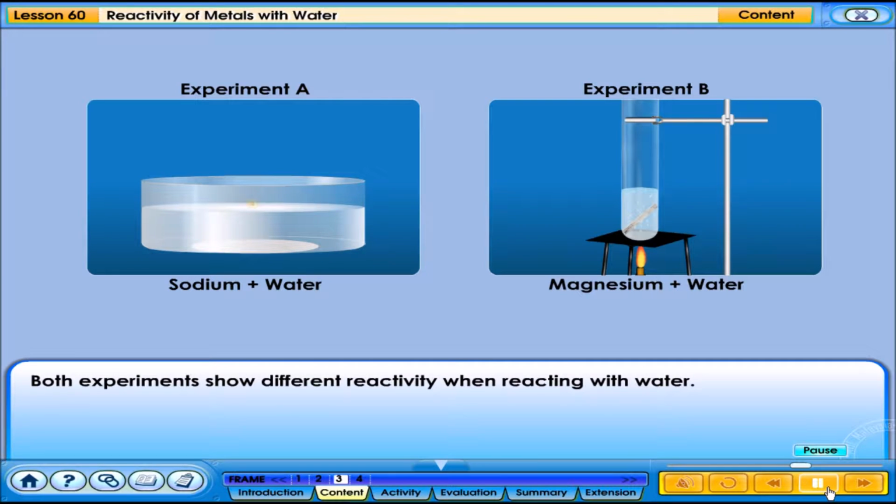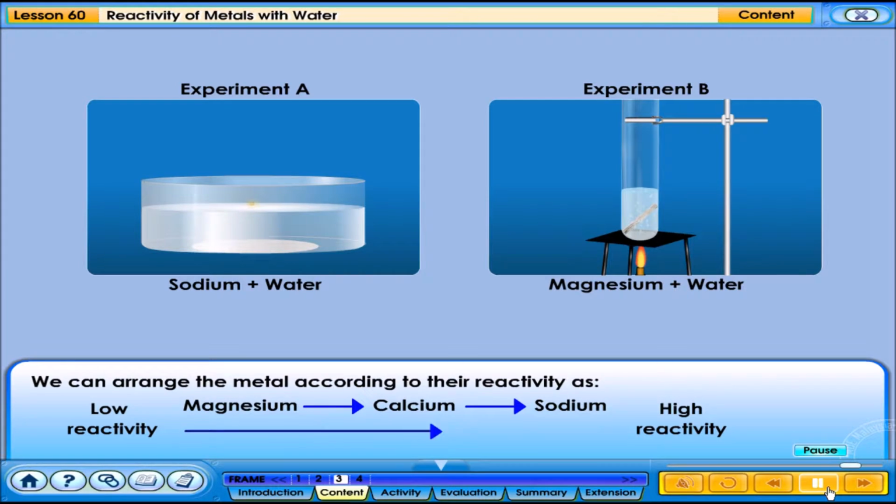Both experiments show different reactivity when reacting with water. We can arrange the metals according to their reactivity from low reactivity to high reactivity. The arrangement is magnesium, calcium, sodium.